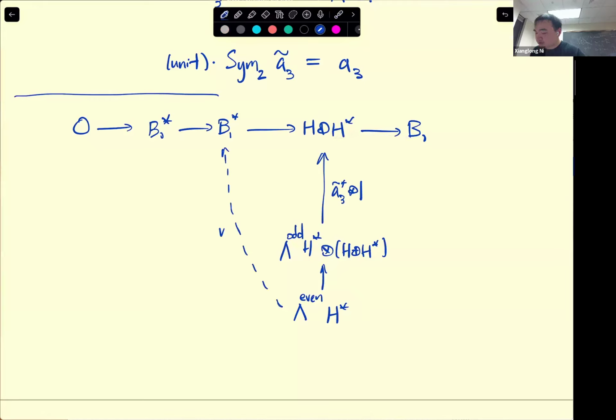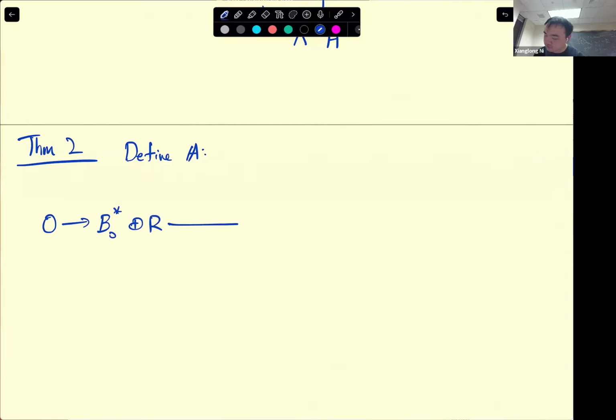Okay, so now with all this, I'm finally ready to state theorem 2, which will be the last thing I do before the break. Theorem 2 is intended to reverse theorem 1. With all this machinery, I define the following complex A: from B0 dual plus R to B1 dual to H dual to R. This map is delta 3, or more precisely, delta 3 followed by the projection onto H dual. This map here has two parts.